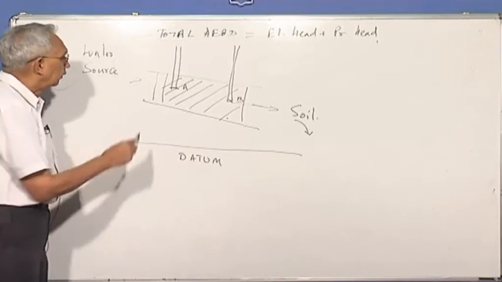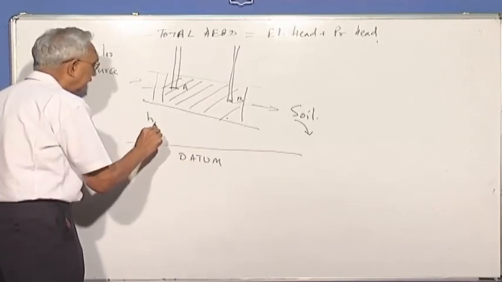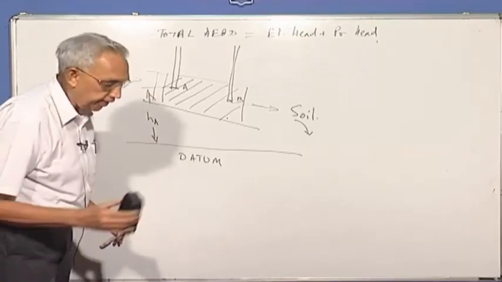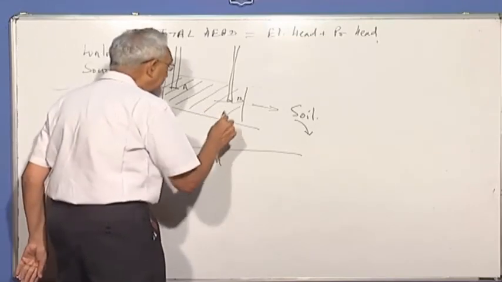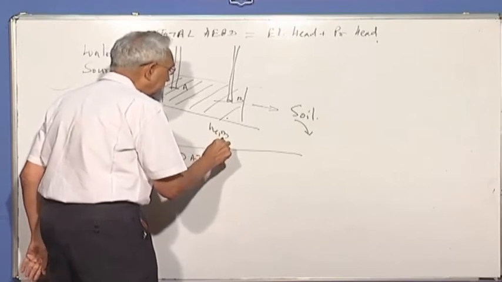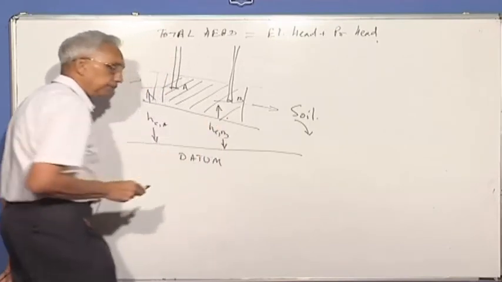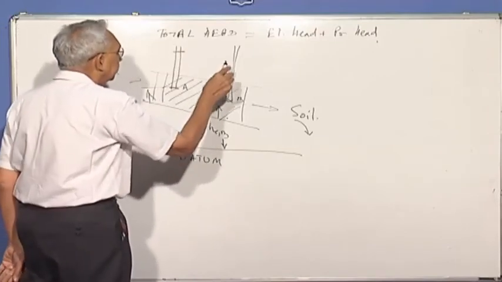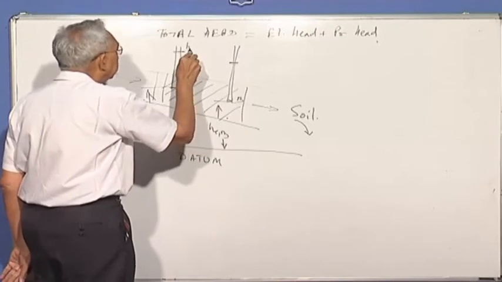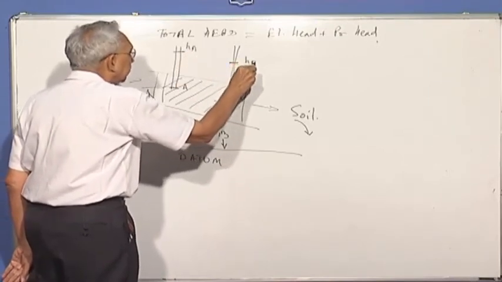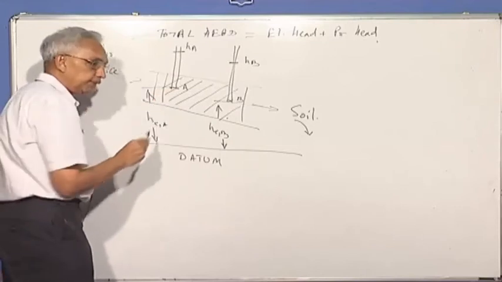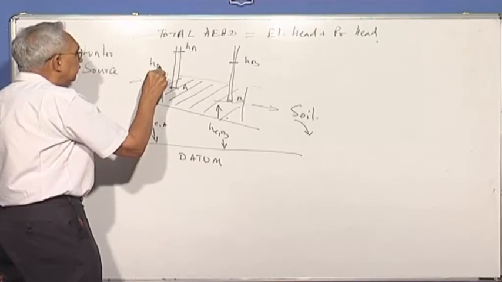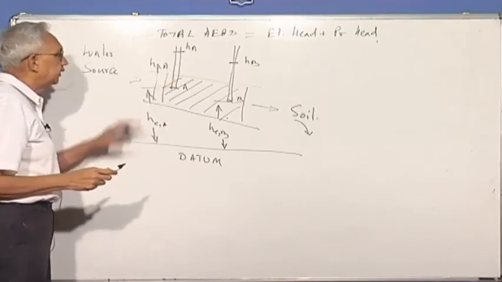Okay. Now the elevation head at point A is HA, or shall we say HEA, whereas the elevation head at point B is HB. Now if I look at the water level, it's here for point A, this is HA and this is HB. With respect to this point A, the tube water level here rises by a distance HPA.